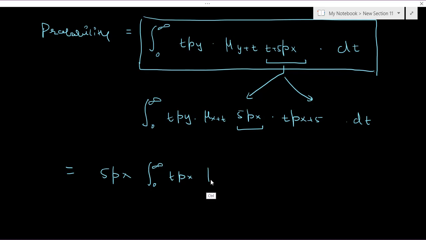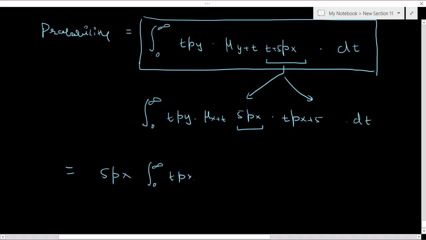If I multiply these two expressions, tpy and tpx plus 5, this becomes tpx plus 5 and y, right? So this becomes a joint life probability because they can just be multiplied, into mu x plus t, mu y plus t, sorry. Okay, there's a mistake here.